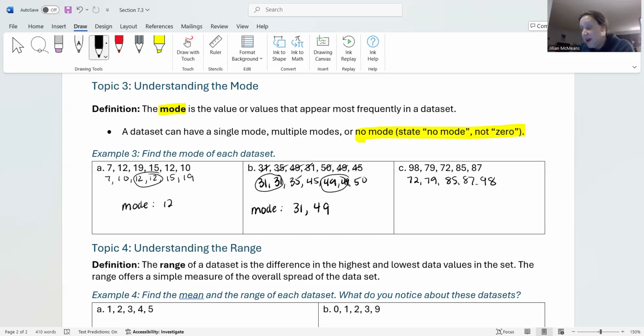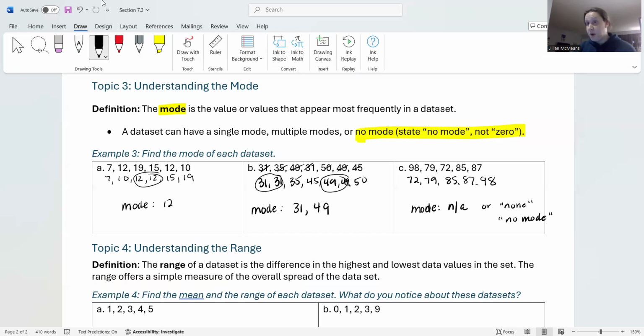So in this case, for the mode, you could put not applicable, or none, or no mode. Just please don't put zero, because that would tell the reader that zero is the number that shows up most often, and that's not the case.